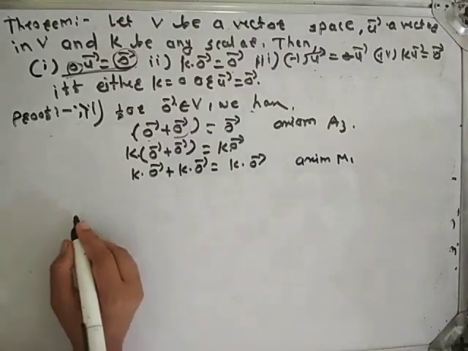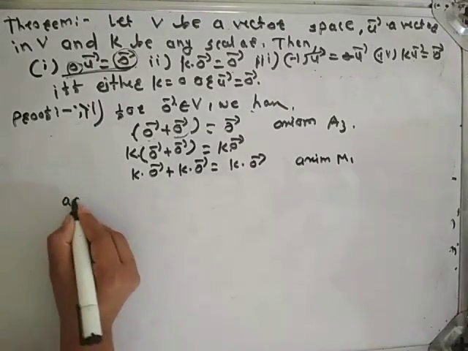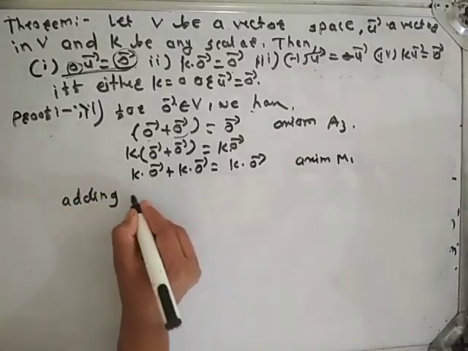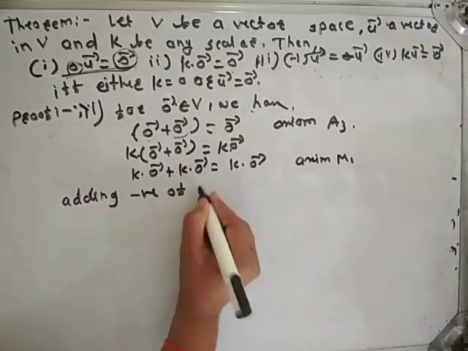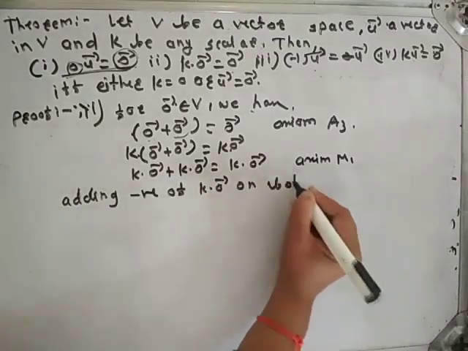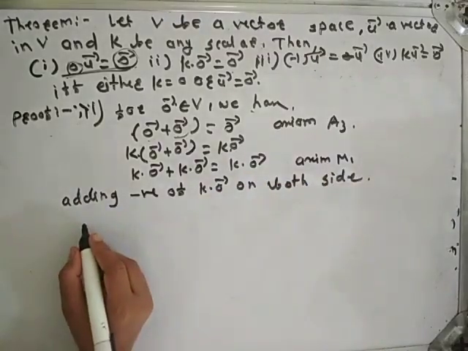Now adding the negative of k into 0 bar on both sides, what will we get?